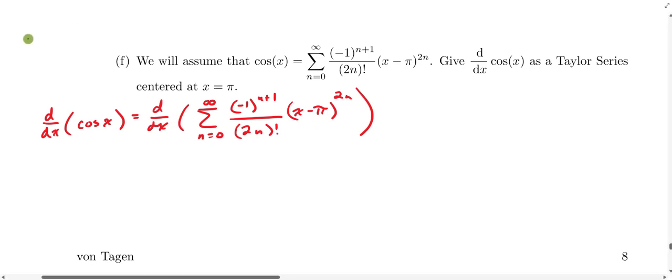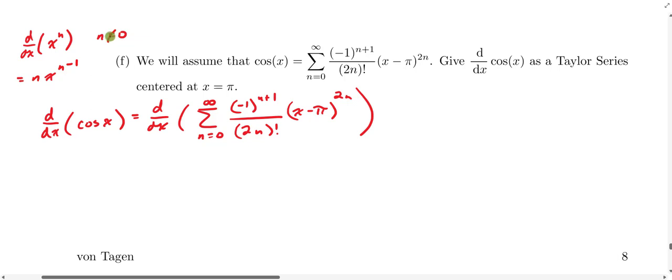So remember, if I asked you to take the derivative of the term x to the n for n not equal to 0, what we'd get is that the derivative is nx to the n minus 1. And so here I've got a power term raised to some power, and we want to differentiate it. So that's going to essentially work like this expression.